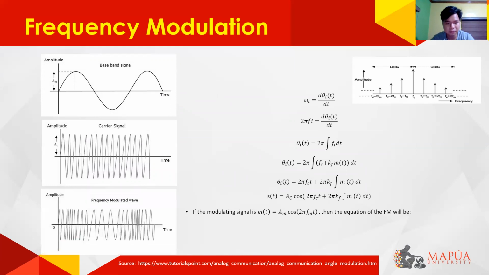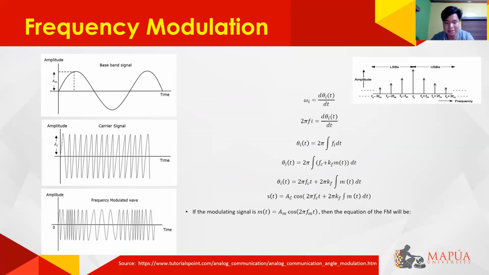So as you can see, in the frequency modulated wave there is no envelope like in amplitude modulation. What we can observe here is an increase in frequency and a decrease in frequency. When the message signal is in the positive half, there is an increase in frequency, while when it goes down and is negative, the frequency decreases.